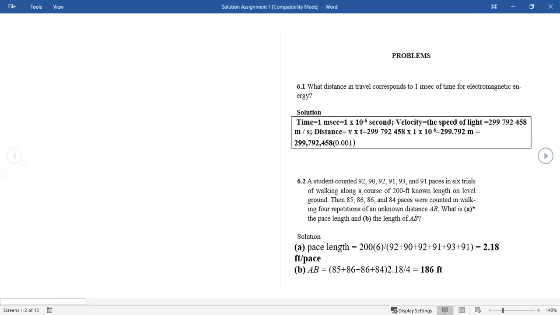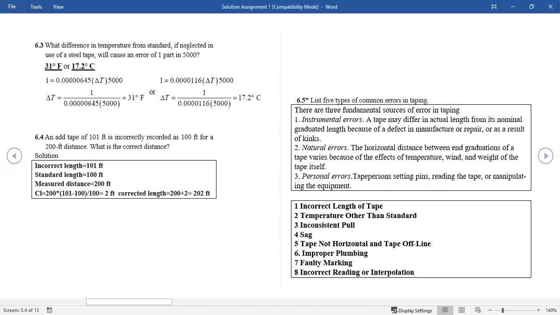Now we go to problem number 3. This problem asks you, if the error is 1 part in 5,000, what difference in temperature you will get. So again, we go very simple.